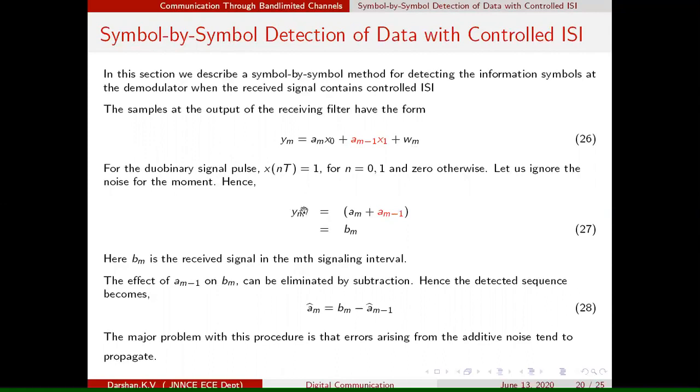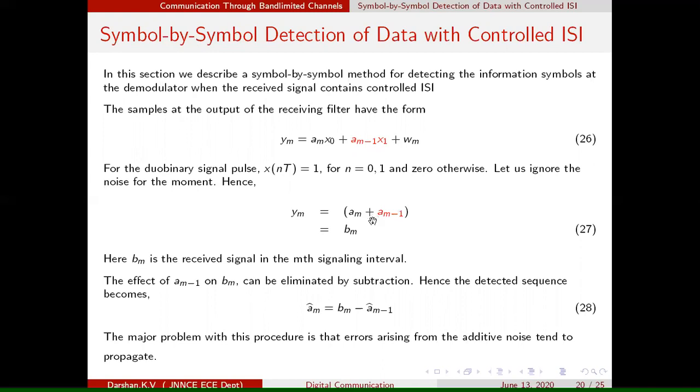So at any instant, at the mth sample at the receiver, along with the desired one you are getting the effect of the previous sample also. How was the effect? To the desired sample, the previous sample would be added.